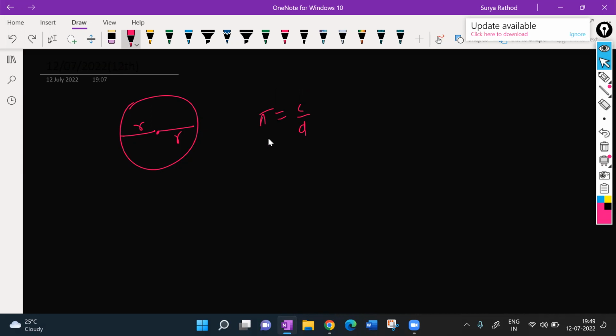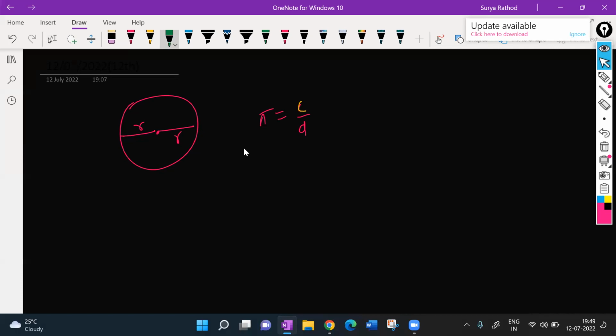Very simple, beta. Sir, I didn't understand the question first. What he is saying here is that pi is defined as the ratio of the circumference, the perimeter or outer part of the circle, to its diameter.